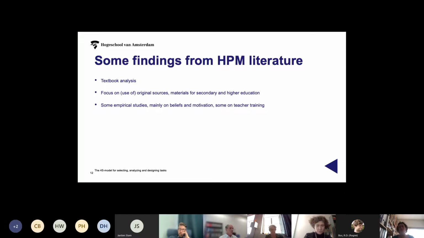There is not so much done on the empirical side, and most empirical studies have a focus on beliefs and motivation. What does the use of history of mathematics do to how you think on mathematics? And there are some studies on teacher training, but this actually was a way for me to find out what would be interesting to place my focus on.